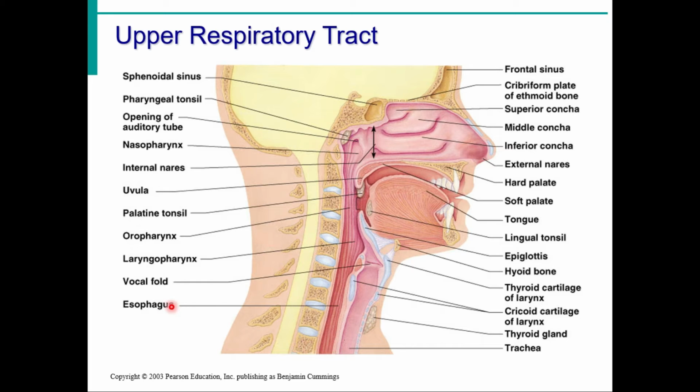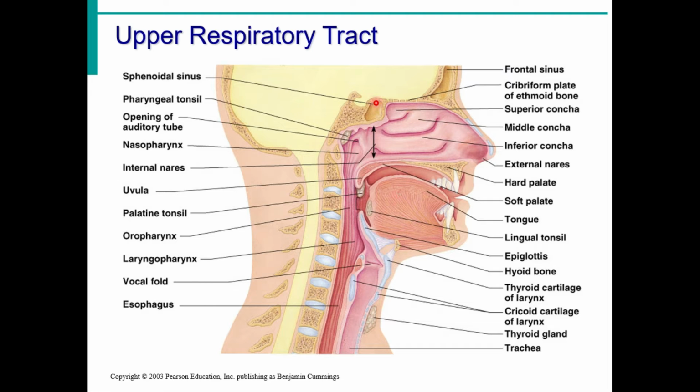On the inferior side, we can see here the esophagus and then the vocal fold present in the larynx. The pharynx contains three regions: nasopharynx, oropharynx and the laryngopharynx region. Here lie the pharyngeal tonsils and sphenoidal sinus.